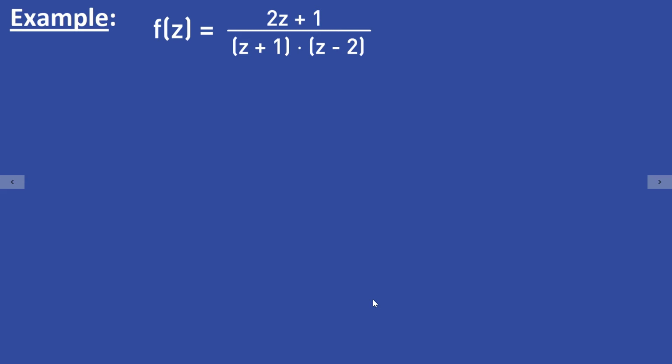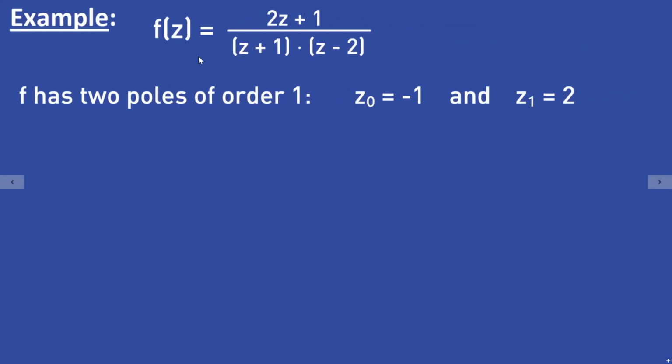Let's consider the function f of z equals (2z plus 1) divided by (z plus 1) times (z minus 2). That function has two poles of order 1. The first pole of order 1 is z0 equals minus 1, and the second pole of order 1 is z1 equals 2.